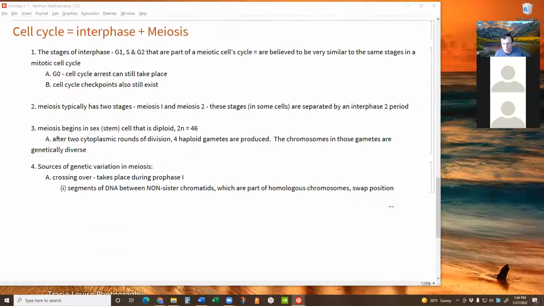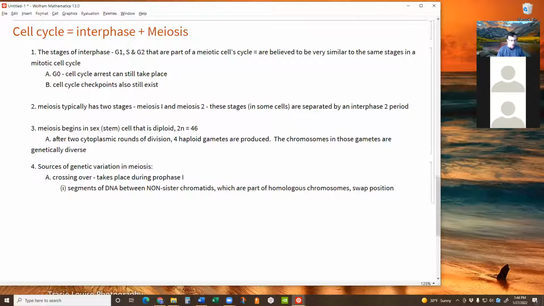Okay, good. I think you're with me, and I appreciate that. So crossing over takes place during prophase 1. Segments of DNA between non-sister chromatids, which are part of the homologous chromosomes, will swap position. We'll talk about the molecular dynamics of that at a later stage.